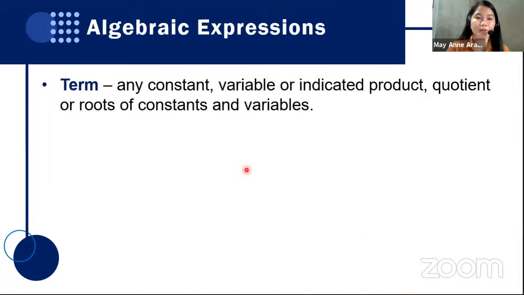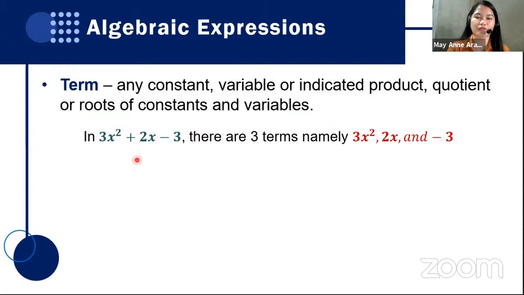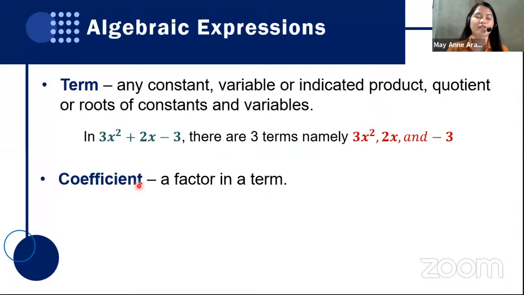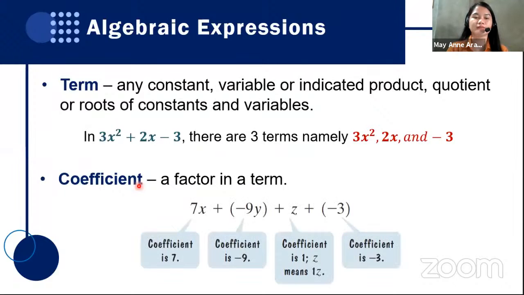A term is any constant or variable, or indicated product or quotient or roots of constants and variables. For example, in 3x squared plus 2x minus 3, there are three terms: 3x squared, 2x, and the last term is negative 3. A coefficient is a factor in a term.